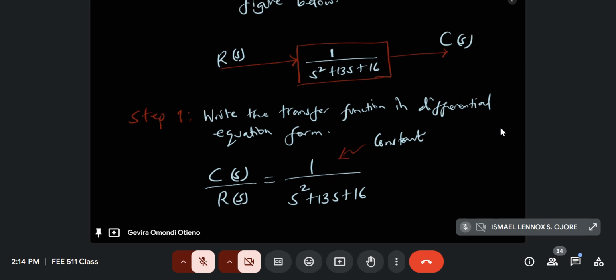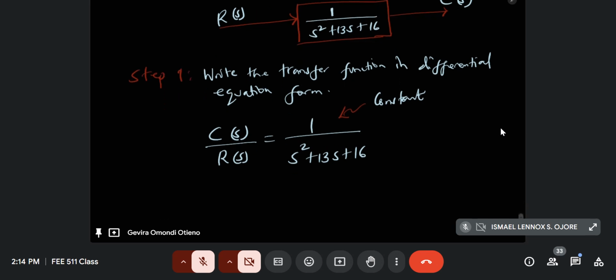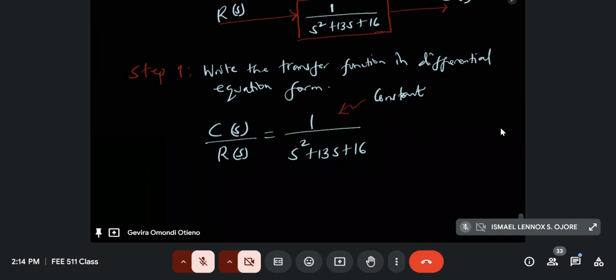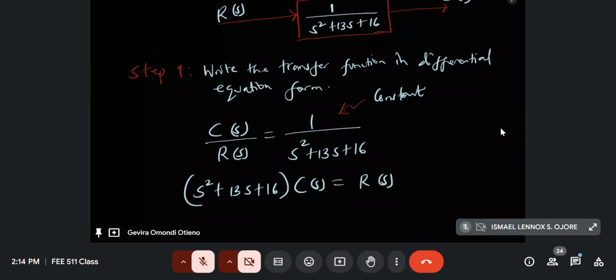So how do you come up with a differential equation from your transfer function? It's always very easy. First, you cross multiply. If I cross multiply this, we'll have s squared plus 13s plus 16, multiplied by C of S, equals R of S. Once you have it like that, then you take inverse Laplace transforms.